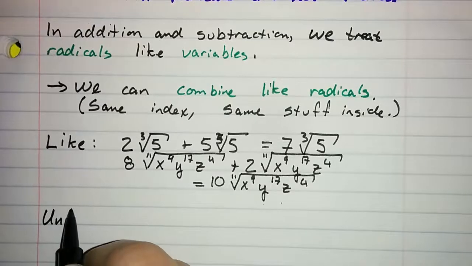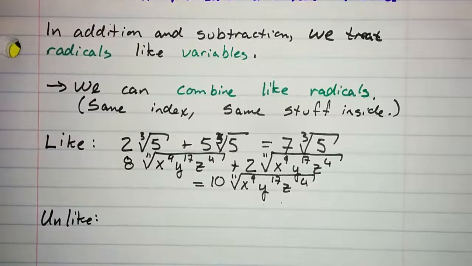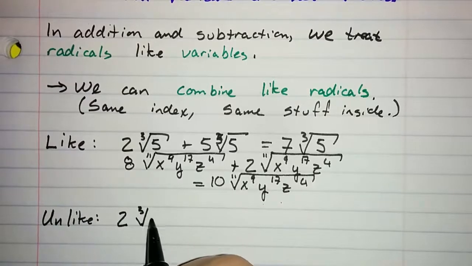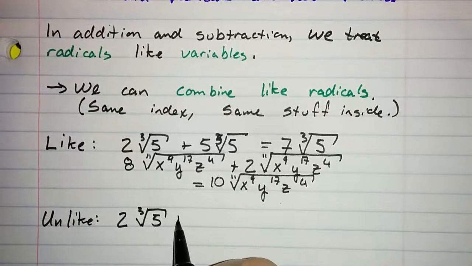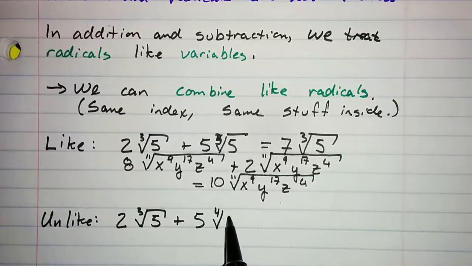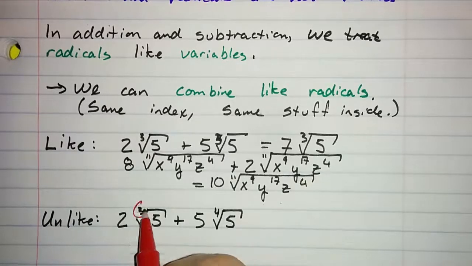Some examples of unlike radicals. Well, if I have, for example, 2 times the cube root of 5 plus 5 times the 4th root of 5, these are unlike because the indices are different.